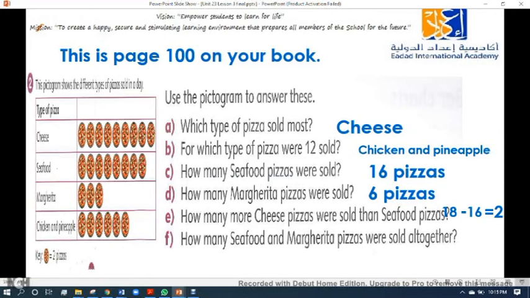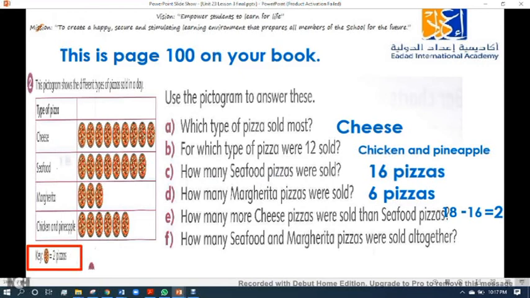Now, how many seafood and margarita pizzas were sold all together? Let's find out. Alright guys, all together means what operation are we going to use? Great job, addition.